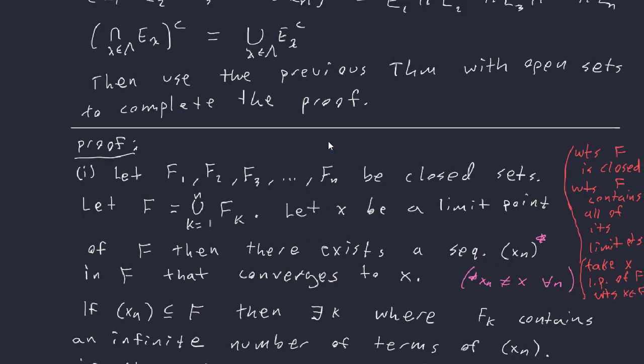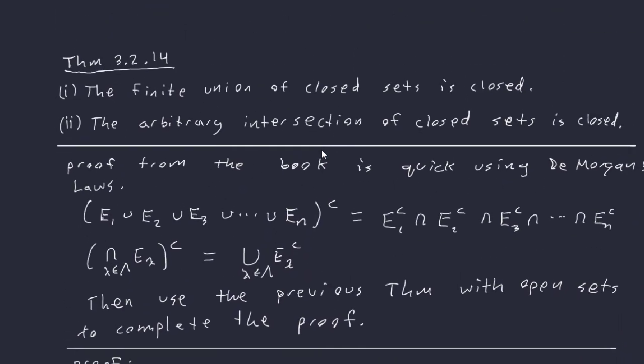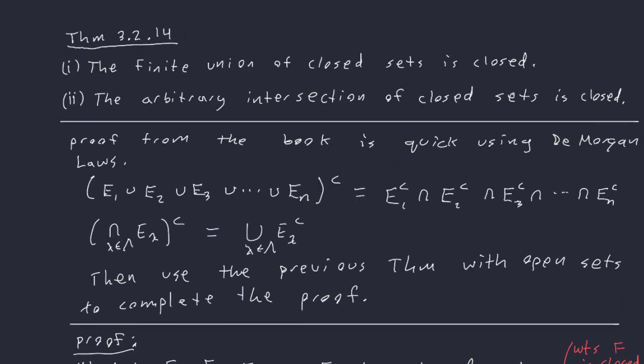All right, now, like I did before, I'm going to show why the arbitrary union of closed sets is not necessarily closed. So I'm going to show a counterexample for the arbitrary union of closed sets.